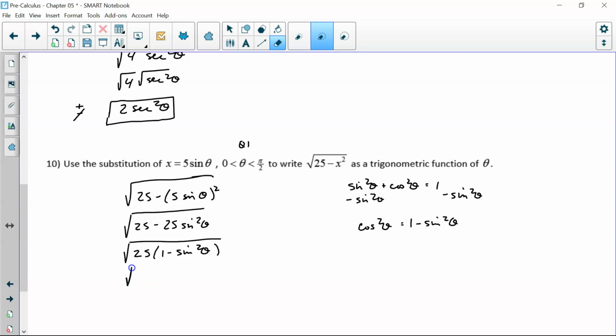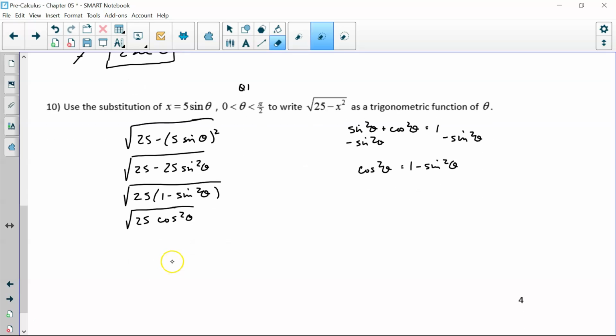So we end up with the square root of 25, and we'll replace 1 minus sine squared with cosine squared theta. Then we just take the square root of both: square root of 25, square root of cosine squared theta. 5 cosine theta. Keep it positive because we're in quadrant 1, and there we go.